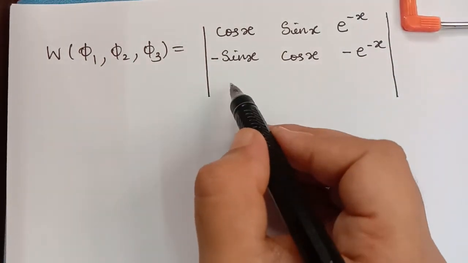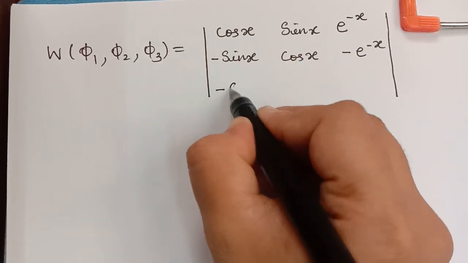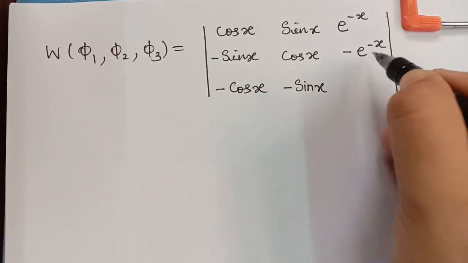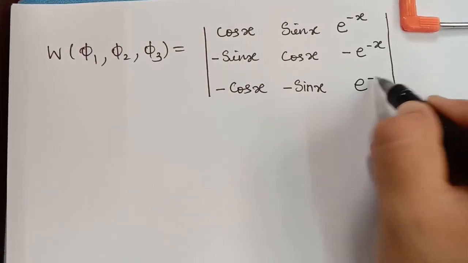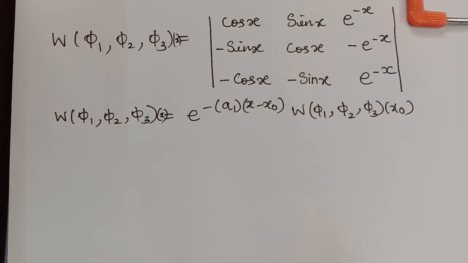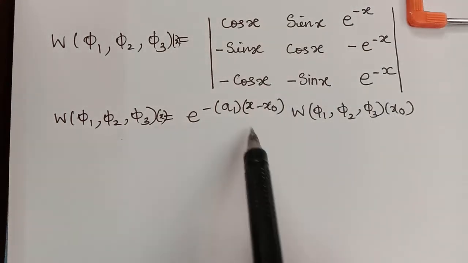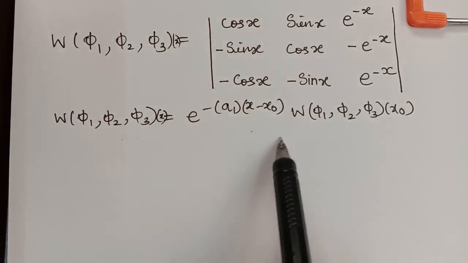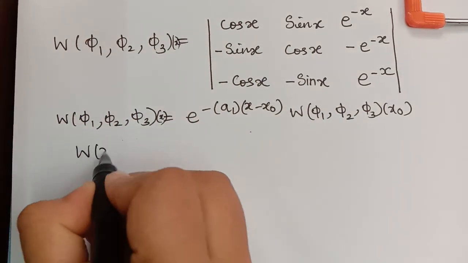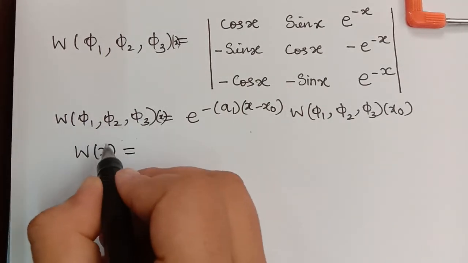Next phi 1 double dash: the differentiation of this one, for sin x it is cos x, for cos x it is minus sin x, and the differentiation of this will become e power negative x. So this is the Wronskian. We have to find the determinant of this. This can be done by using the formula for the Wronskian. We will generally write it as w of x for convenience, but it means w of phi 1, phi 2, phi 3 of x.